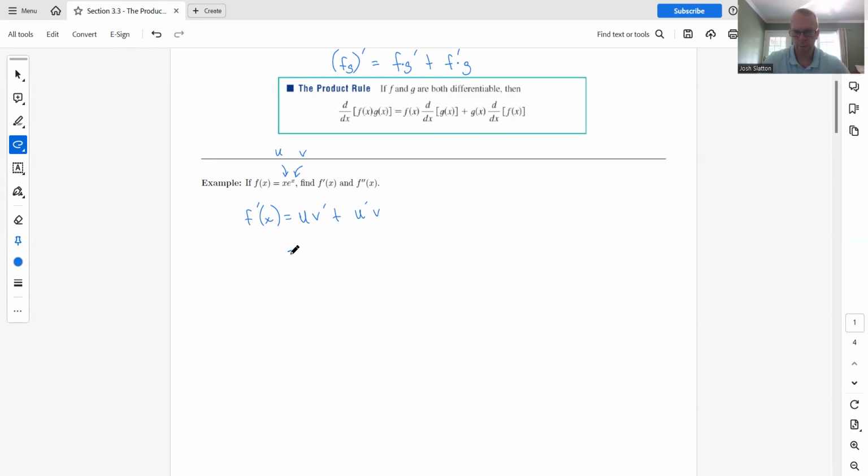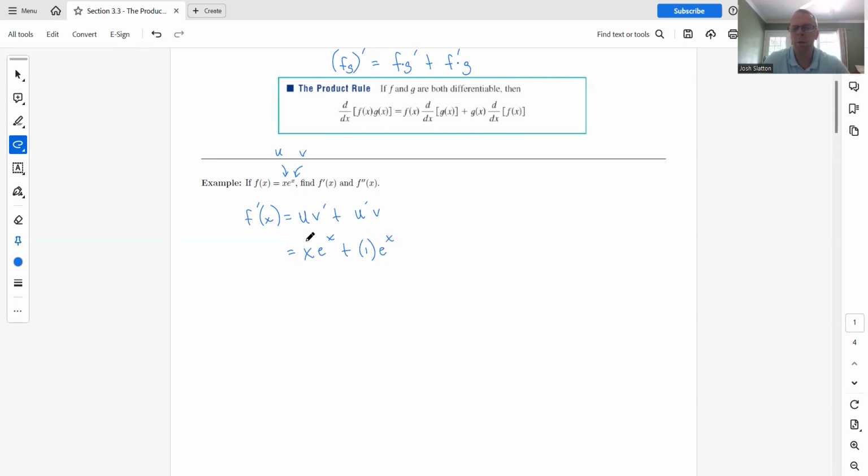All right, so we're going to write u. The function, in this case, u is x. v prime is the derivative of e to the x. The derivative of e to the x, I think we did this in 3.1, is just e to the x. Then we're going to take the derivative of u. The derivative of x is 1, and then leave v the same.